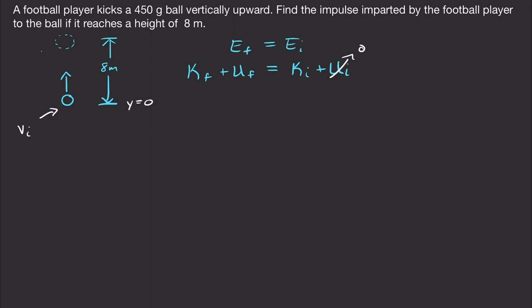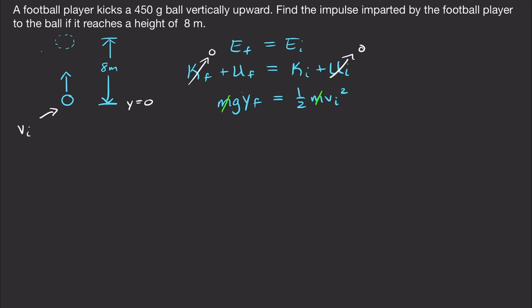At the end, when the ball reaches its maximum height, it's going to stop, so it's not going to have any kinetic energy. So then we're left with just mgy final equals 1/2 mvi squared. Now our mass is going to cancel out since it's on both sides.